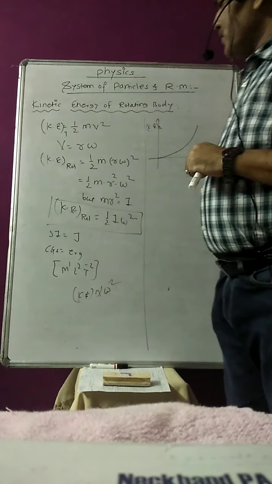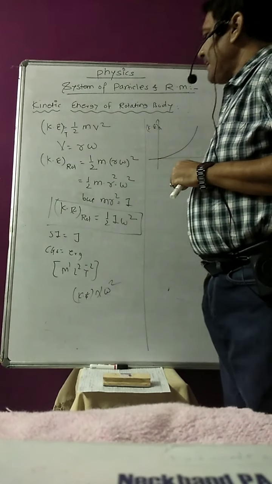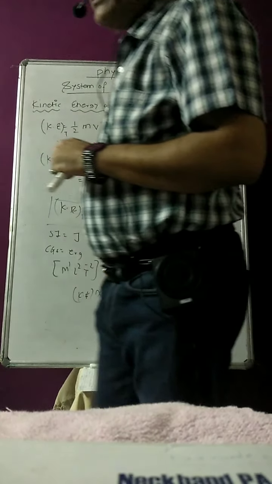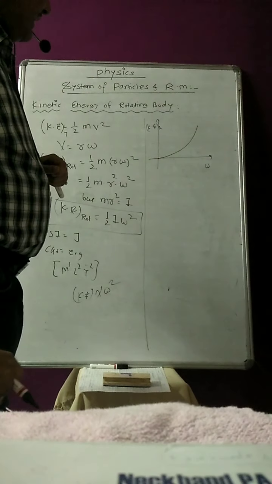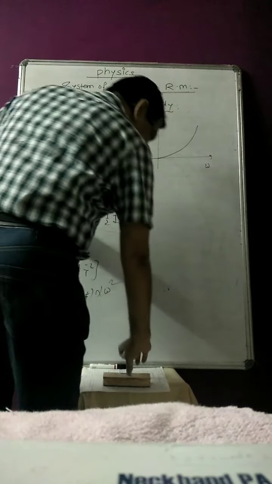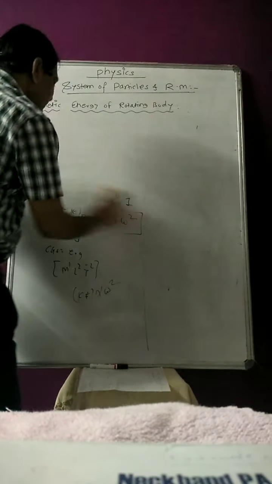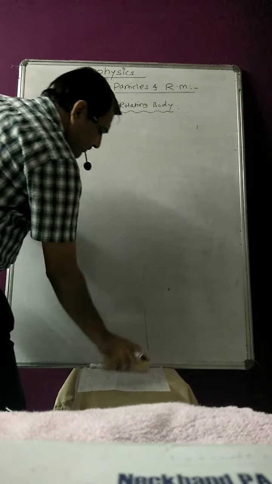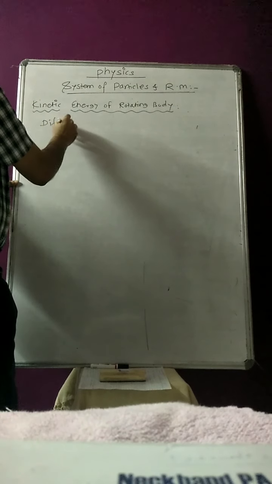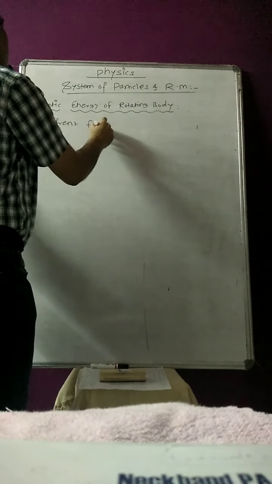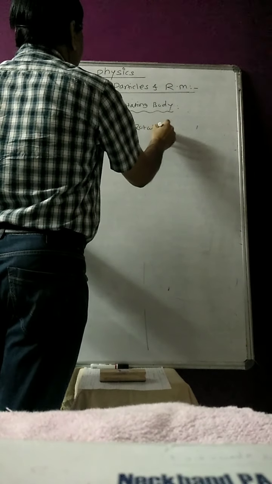Once you have the graph of omega versus kinetic energy, we want to continue with the different forms of kinetic energy, that is, different forms of rotational kinetic energy.